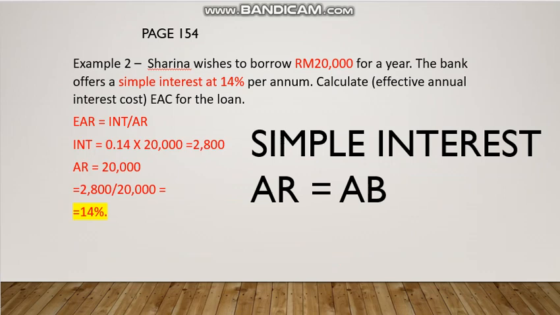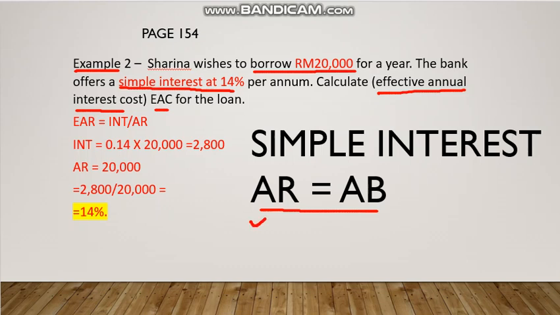Okay, if we refer to example 2 here, for those who need further explanation: example 2 stated that Sharina would like to borrow 20,000 for a year, and this is for the simple interest. Calculate the effective annual rate, or effective annual cost, which is the same thing. Please remember, for simple interest, AR equals AB: amount received equals amount borrowed.